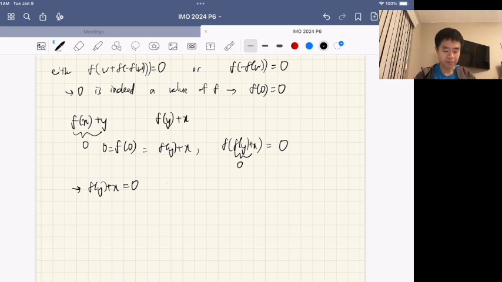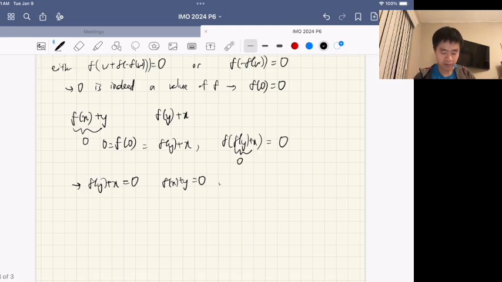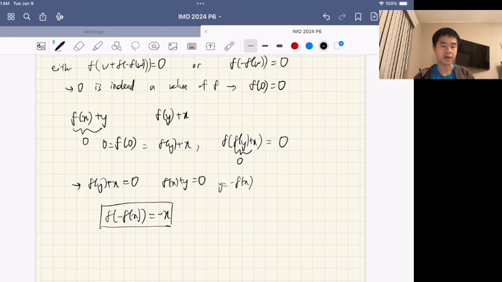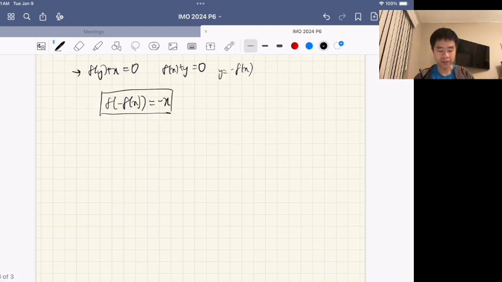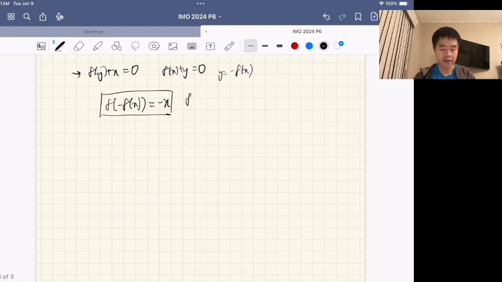Now f(x) plus y equals 0, so y equals minus f(x), which means that we have this one, f(minus f(x)) equals minus x. So with this, you can easily show that f is injective plus bijective.